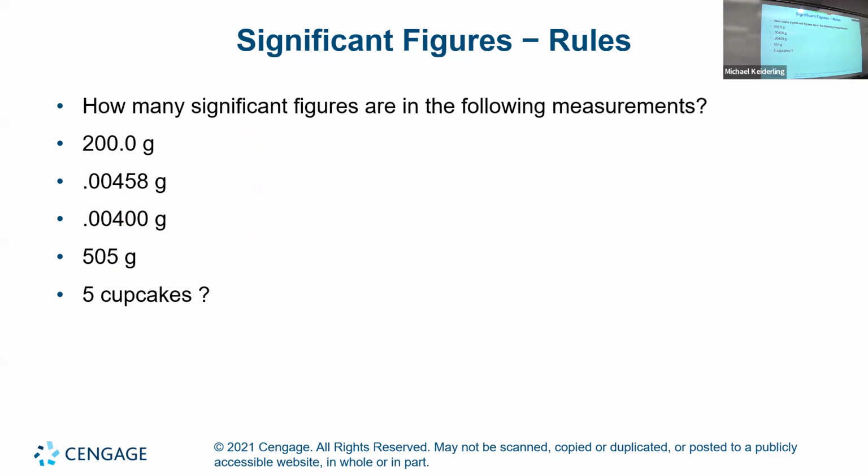It's 4. So there is a decimal point, so trailing zeros count, and all non-zero digits count. So 1, 2, 3, 4. So all 4 of the digits there are significant.